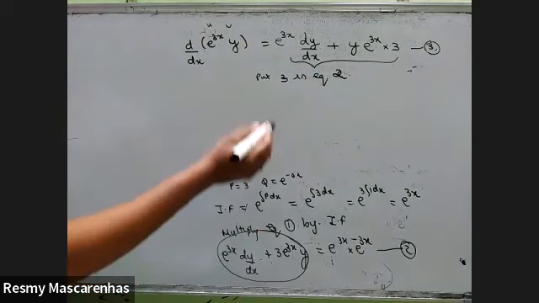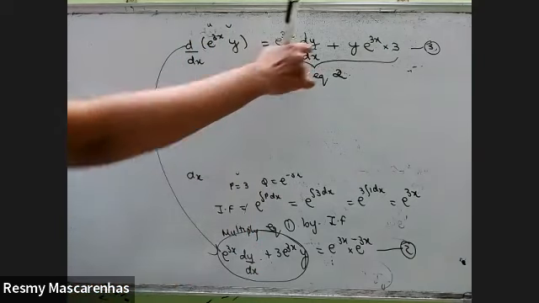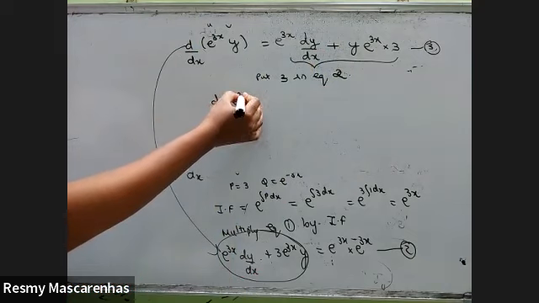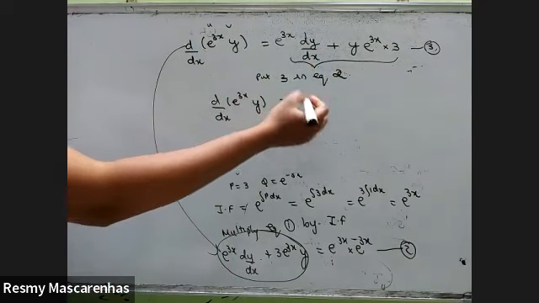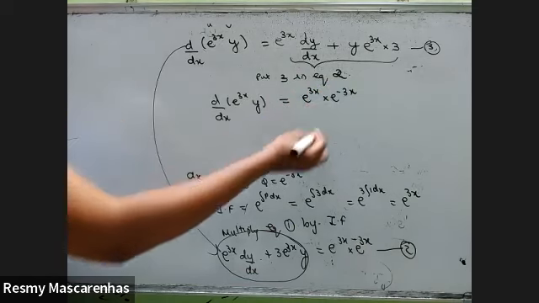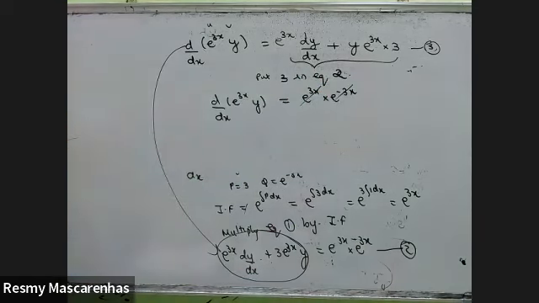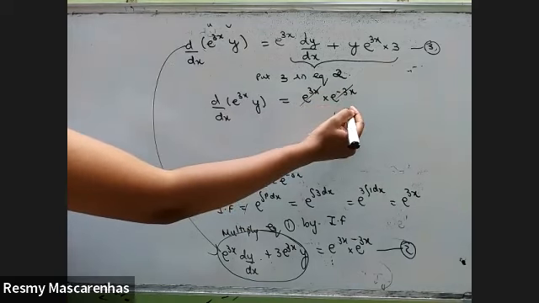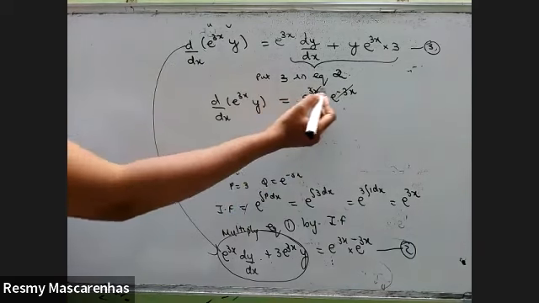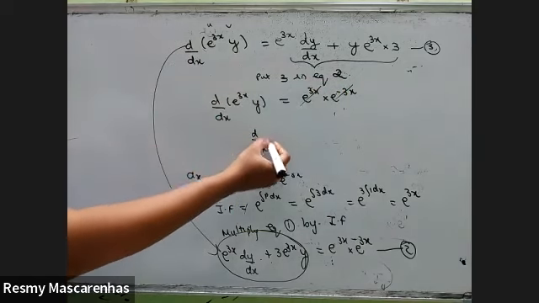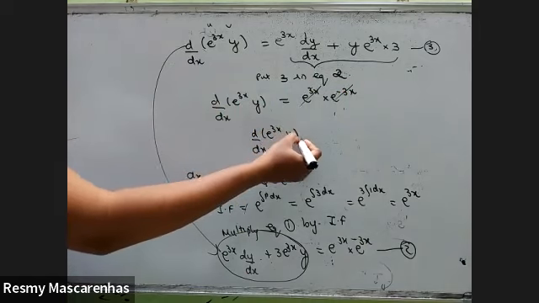Instead of this, I'm putting this here because this is the same as this. So d by dx of e raised to 3x into y. And what is there on the right hand side? e raised to 3x. And this will cancel out each other, because e raised to 3x is always 1 upon e raised to 3x. That will cancel. Plus and minus will always cancel out each other and you'll get 1. So d by dx of e raised to 3x into y is equal to 1.